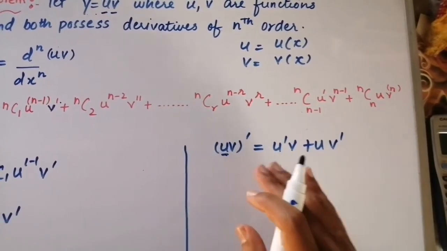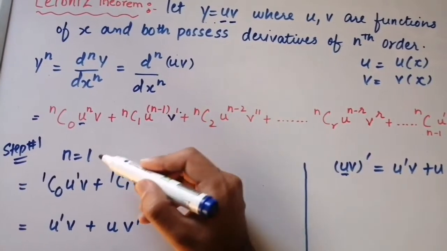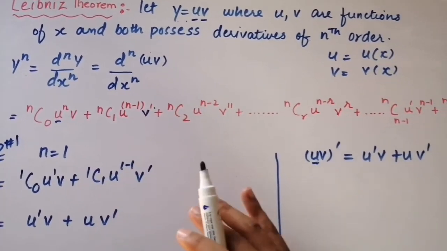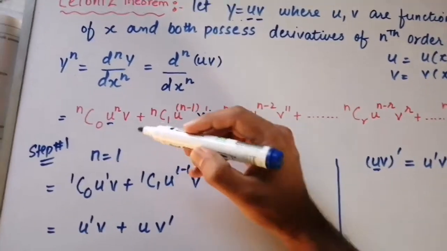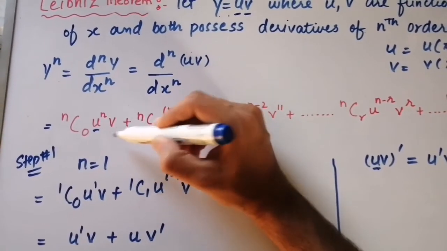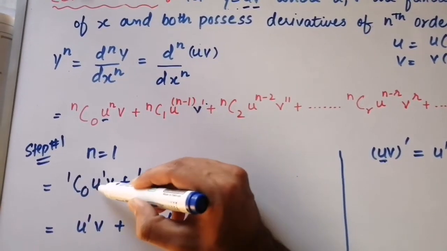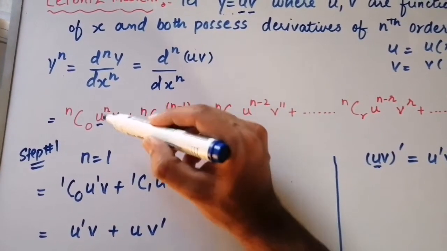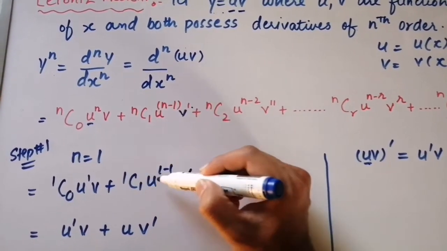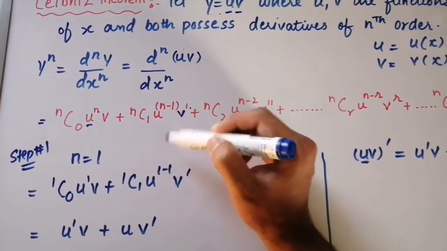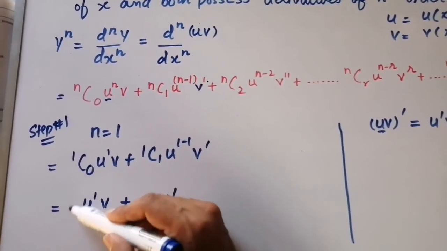If it is in accordance with the answer that we get by putting n equal to 1 in the Leibniz theorem, then we will say that our step 1, or case 1, is justified. So when we put n equal to 1 in this Leibniz theorem, nC0 becomes 1C0 u, and we write 1 here for n, v as it is, plus 1C1 u, and n minus 1 becomes 1 minus 1, and v prime as it is. 1C0 is basically 1, so I'm not going to write 1 here.